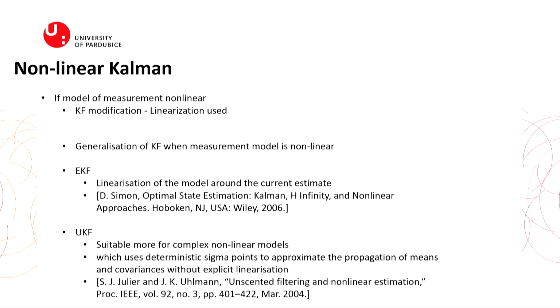It is almost linear, so it is just a slight non-linearization. And the unscented Kalman filter, which uses so-called sigma points to approximate the propagation of means and covariances without explicit linearization.